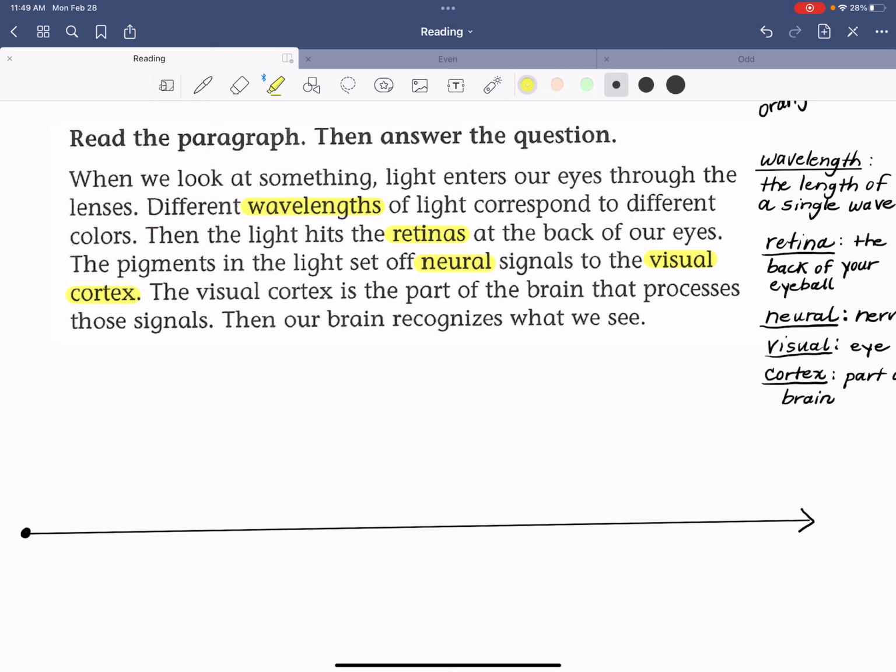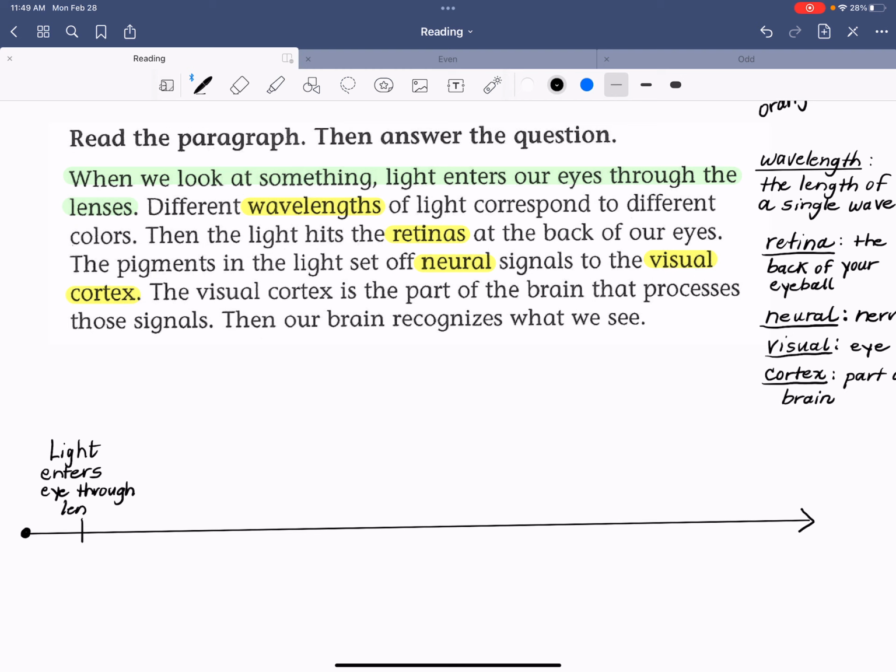So the first thing that's happening, when we look at something, light enters our eyes through the lenses. So I'm going to say light enters the eye through lenses.